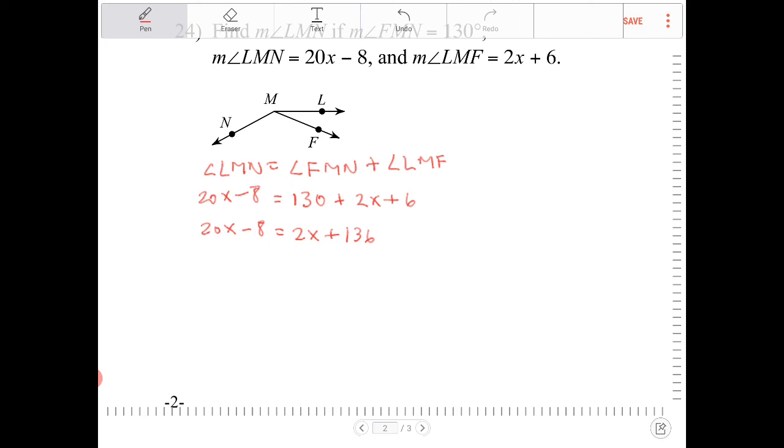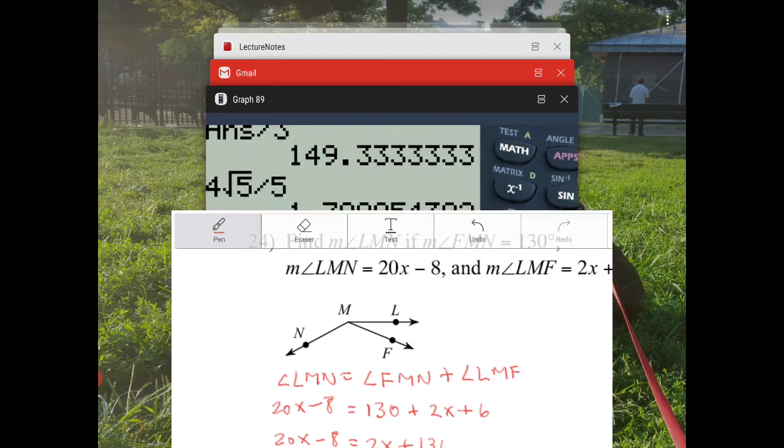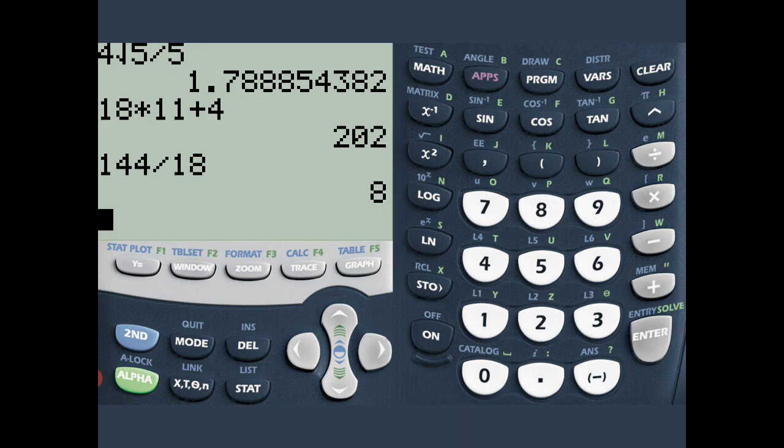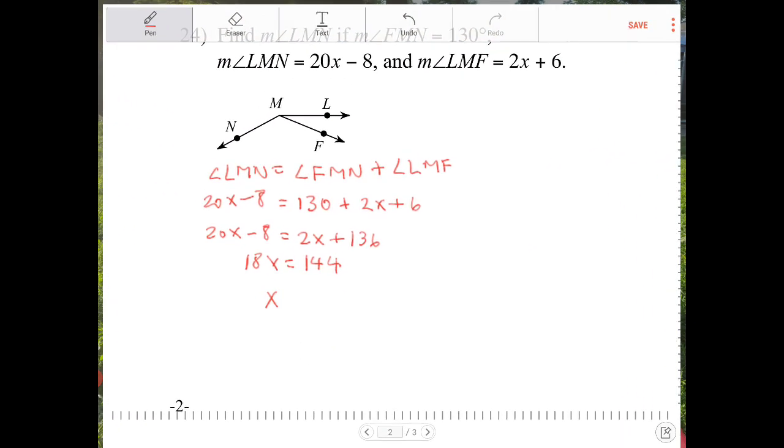Subtract 2x and add 8 from both sides. I end up with 18x is equal to 144. Divide both sides by 18. What is that? It's going to have a 6 in it. I don't know what that is. So let's see here. 144 divided by 18 is 8. So I was wrong.